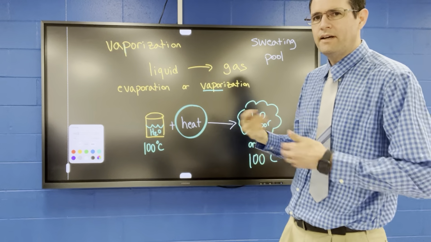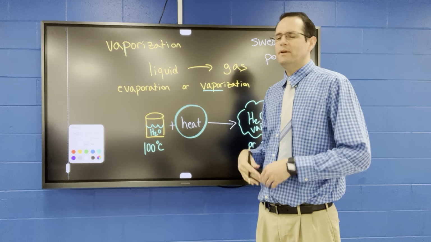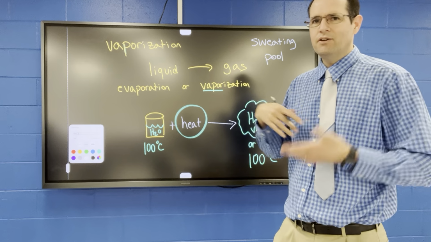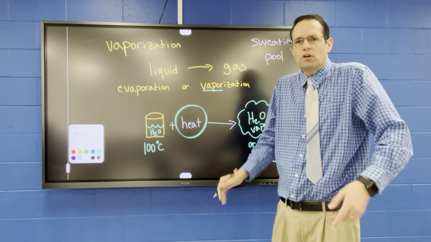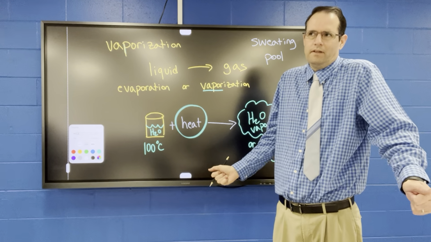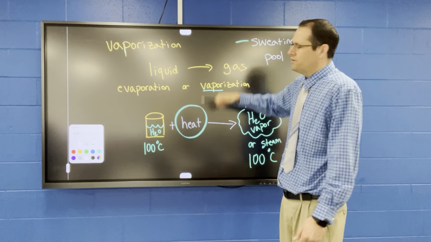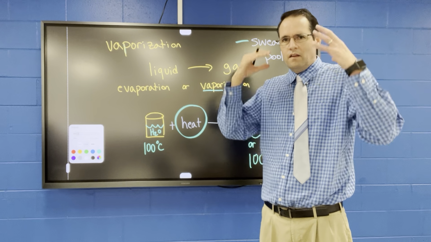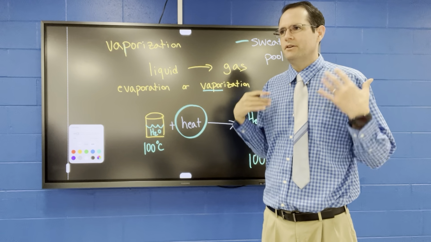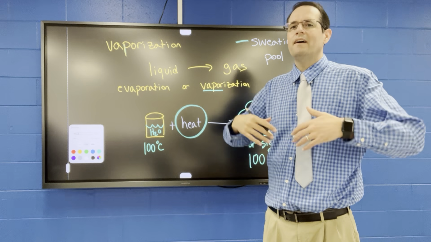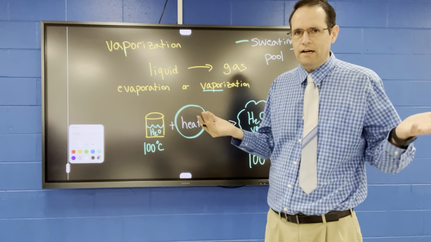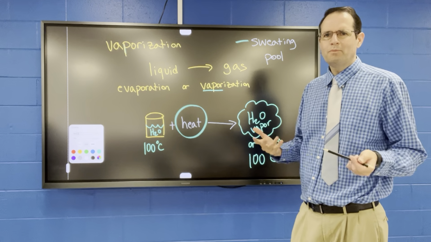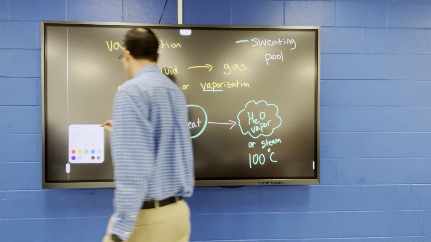You're in the water, swimming around, you feel nice and comfortable, and then you're ready to go home, so you jump out of the swimming pool to find your towel and get ready to leave. You feel cold all of a sudden. Another example is sweating. When you're sweating, there's liquid water building up on your skin, and that's evaporating to cool you down. What that's doing is absorbing heat from your body.